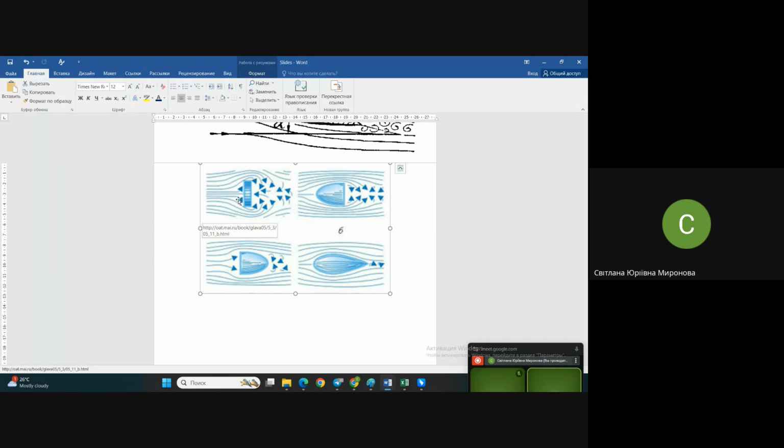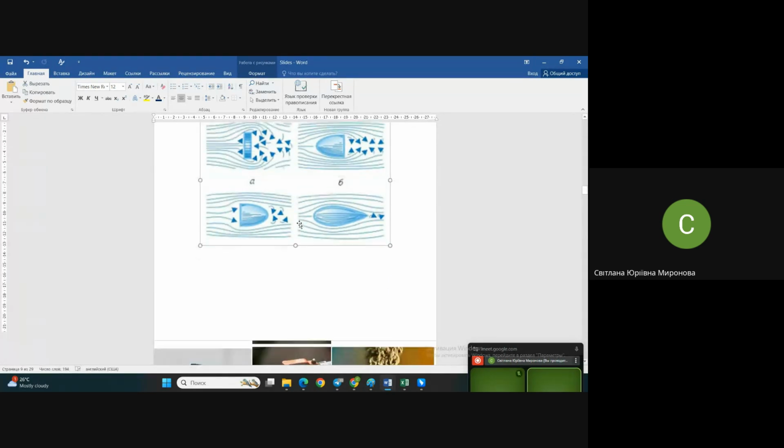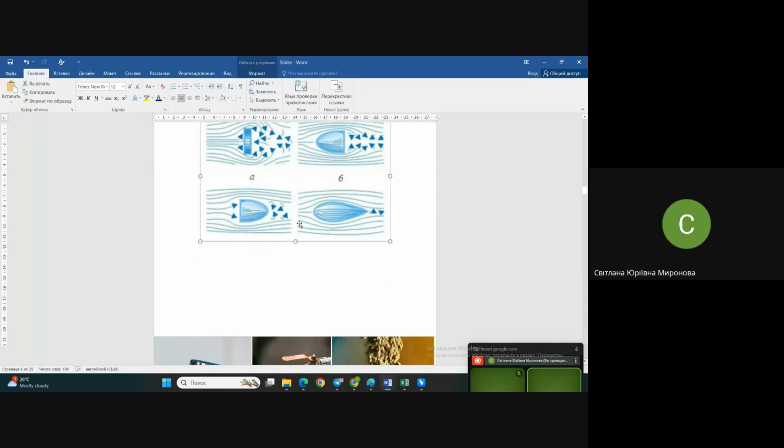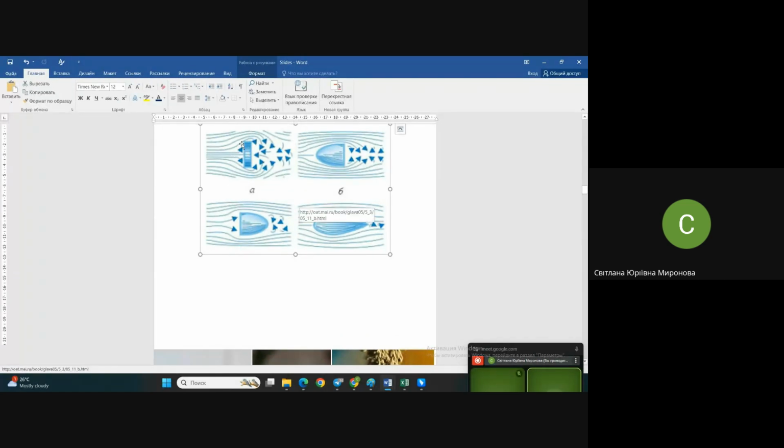And additionally, there is a friction between streamlines, between fluid and the object which is poured in this fluid or gas. And near the object itself exists the so-called boundary layer. The boundary layer, depending on the speed and depending on the viscosity of the liquid itself, may be different.